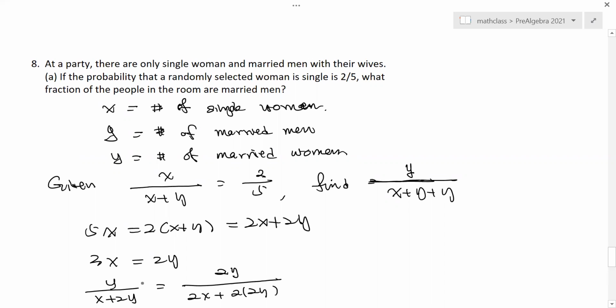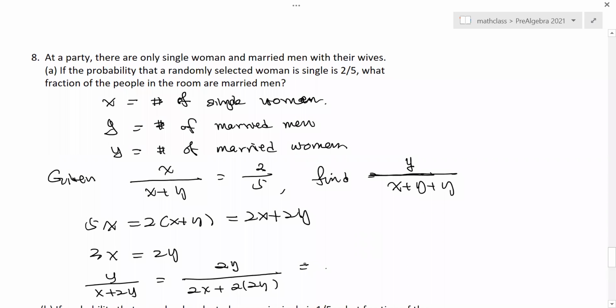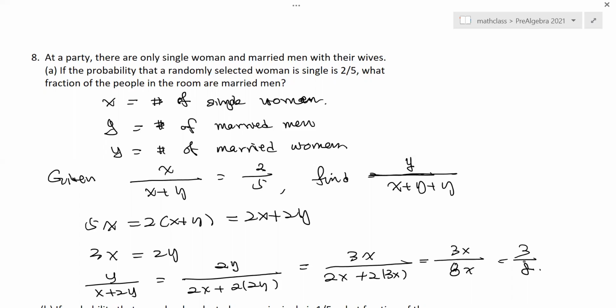Then I replace 2y by 3x: 2x plus 3x is 5x. So the numerator gets 3x and the denominator gets 5x. So 3/5. So we're done. You see? You don't need to know the exact value of x or the exact value of y, which cannot be determined, but you can still solve the problem.